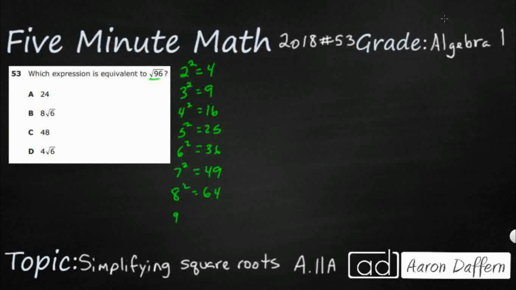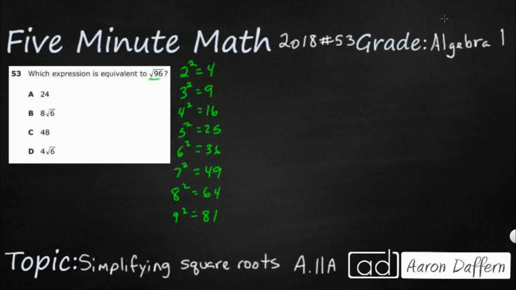So we've got all of our perfect squares written out here. What we're going to do is try to divide these numbers: 4 into 96, 9 into 96, 16 into 96, 25 into 96, so on and so forth. Let's just start with 96.